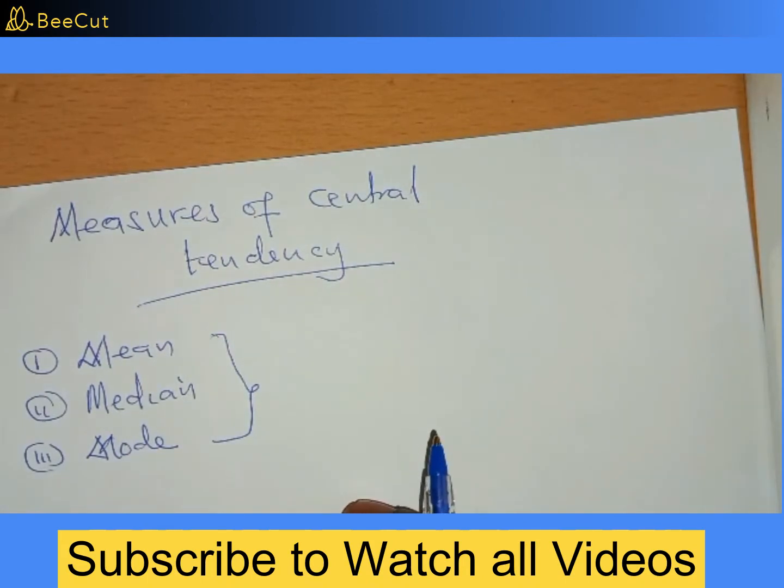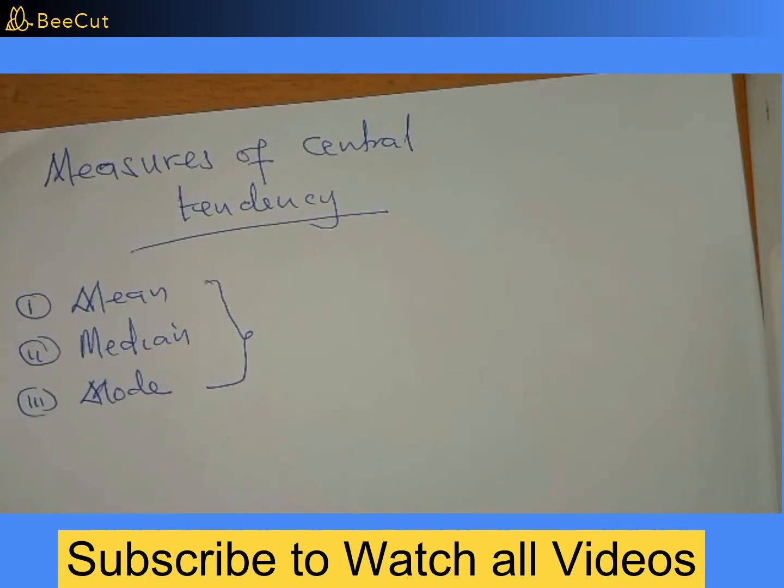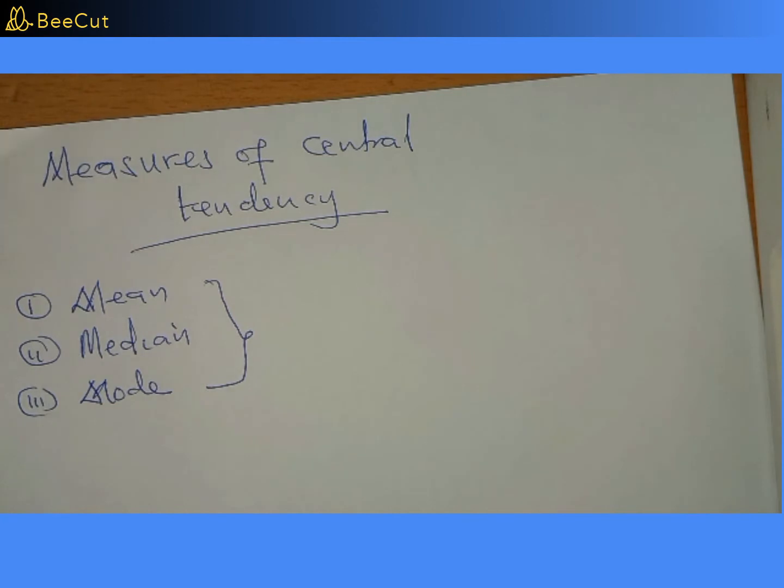Take note. Anything apart from these three, like standard deviation, mean deviation, variance, interquartile range, upper quartile and lower quartile, we call measures of dispersion. But today we are taking the measures of central tendency.